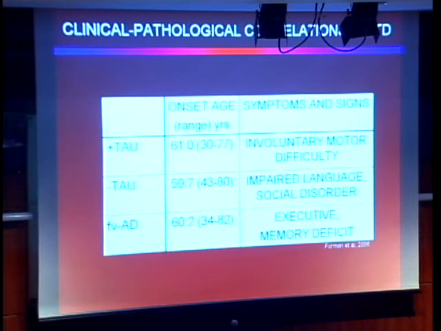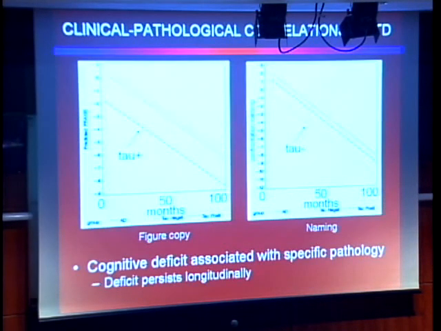Tau-negative conditions are much more often associated with an impairment of language and with a social disorder. There are some young individuals who end up having Alzheimer's disease that we refer to as a frontal variant of Alzheimer's disease because they present exactly clinically like folks who have FTD, and we find retrospectively that there's more difficulty with planning and organizing and slightly more difficulty with memory problems.